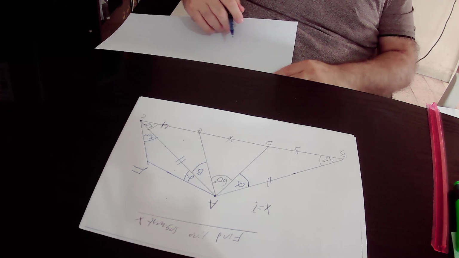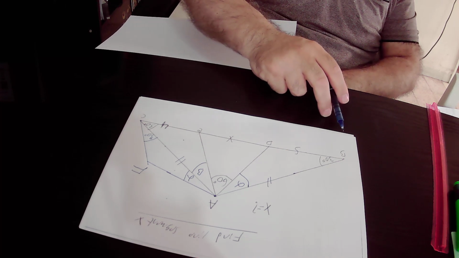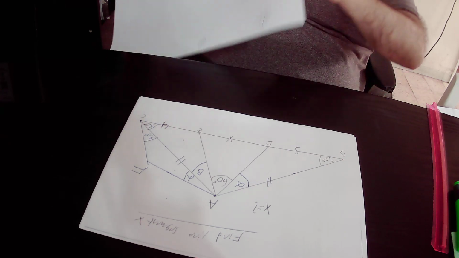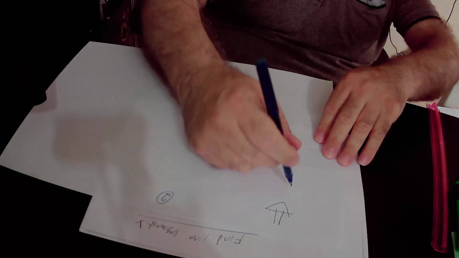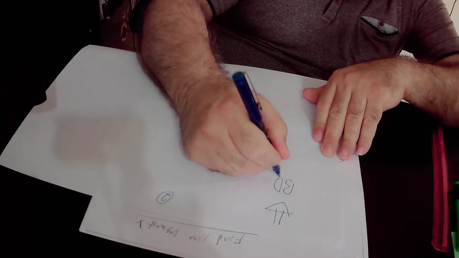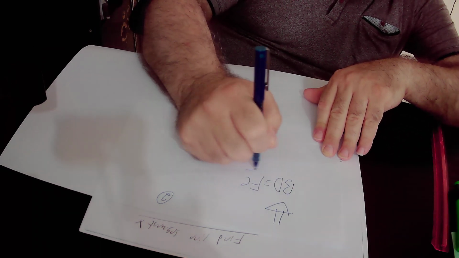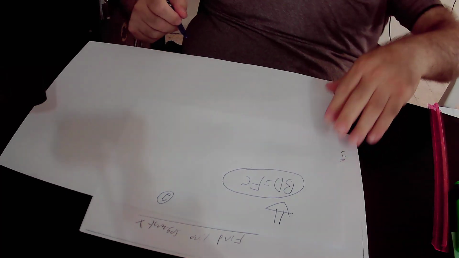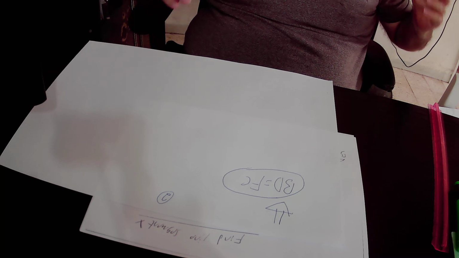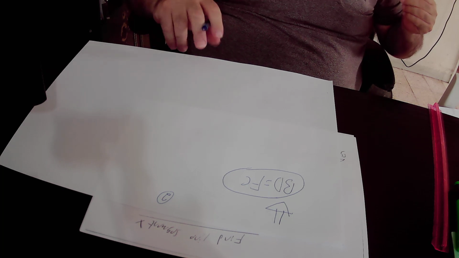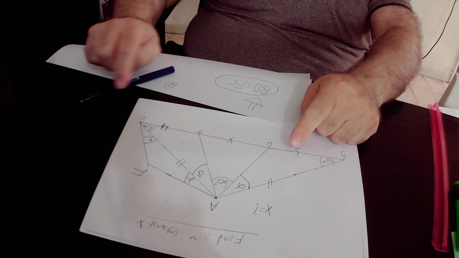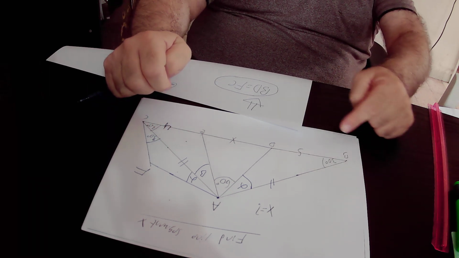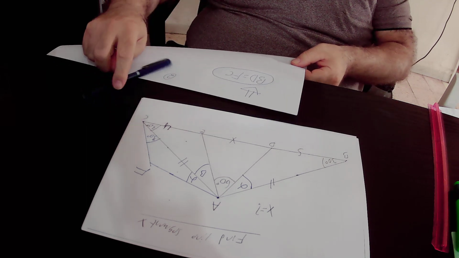The first thing that we will conclude is that side BD equals side FC, according to the rule that corresponding sides in congruent triangles are equal to each other. Those two triangles can go into each other, therefore the two corresponding sides, that is to say BD and FC, must also be equal to each other.